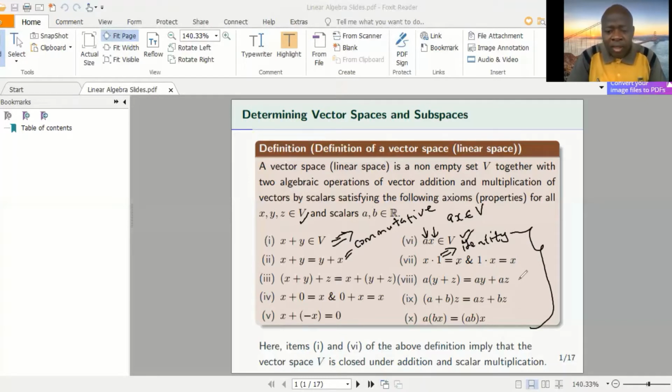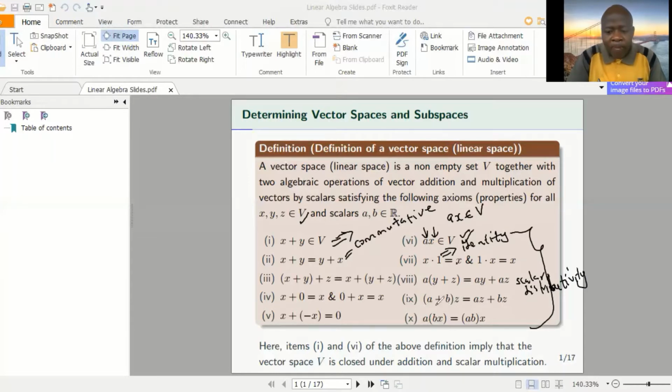So this is the scalar distributivity. Now we have the vector distributivity here.